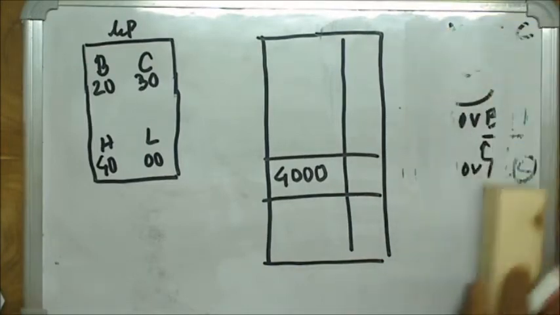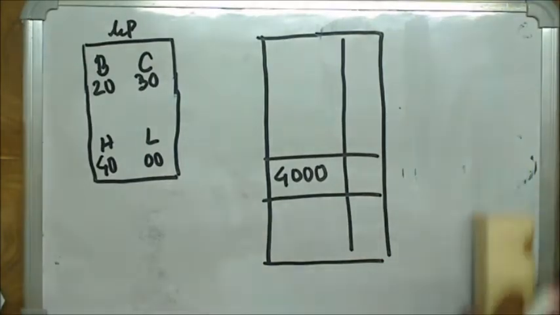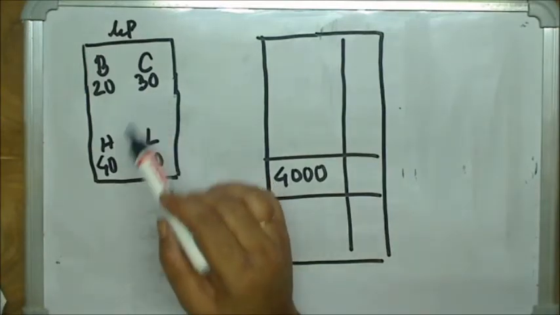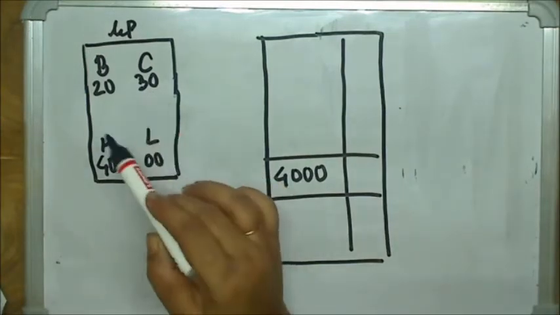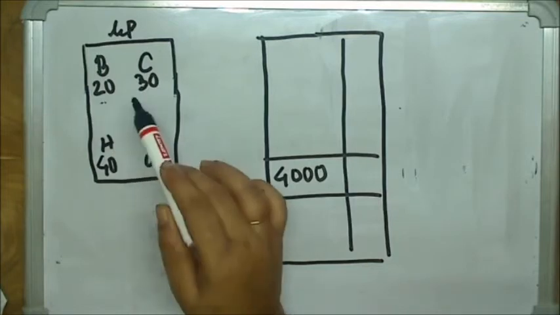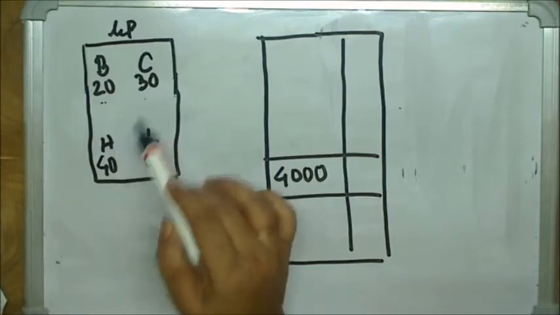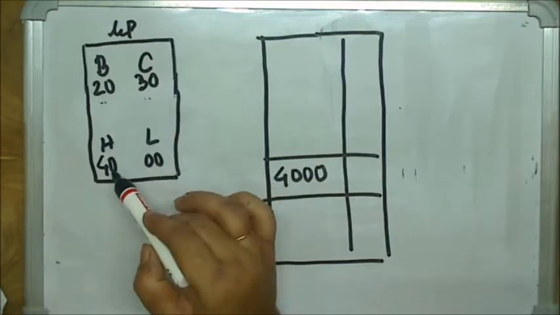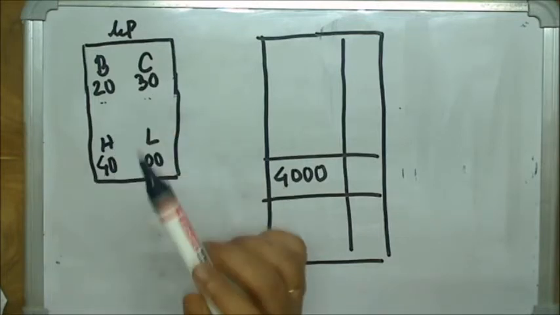Here you see I have drawn the diagram. This is your microprocessor. There is register B and there is register C. I have loaded register B with 20H and register C with 30H. And HL pair contains 4000. I have taken random values.